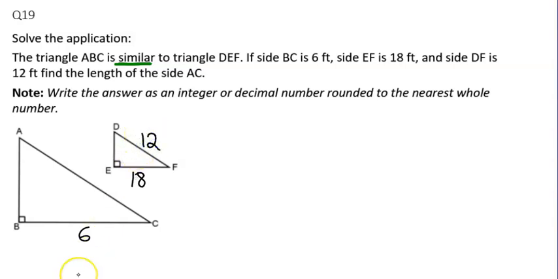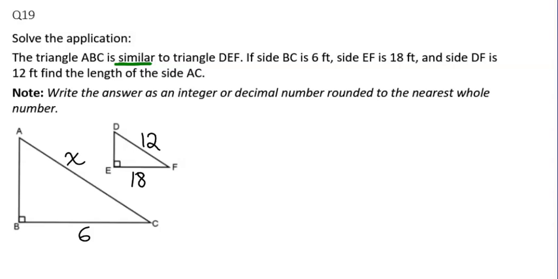So now I'm just marking my things. Then they want the side AC. Choose a variable to be AC: X, Y, Z, K, whatever. So this is the typical problem of proportion. I have 3 numbers and I want to find the 4th one. So I have to create the ratio.